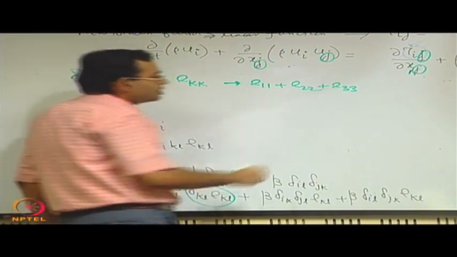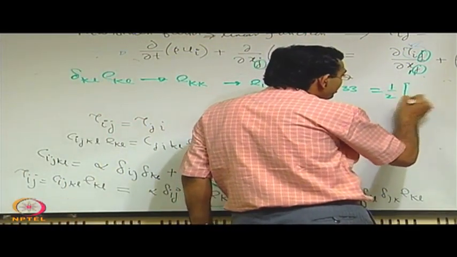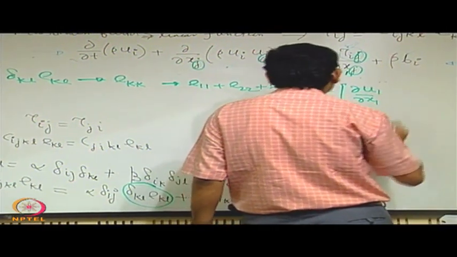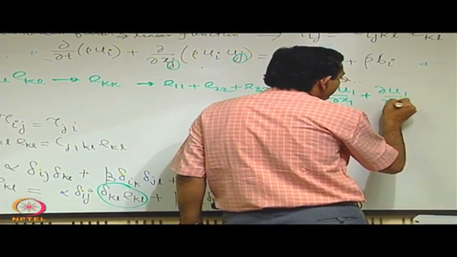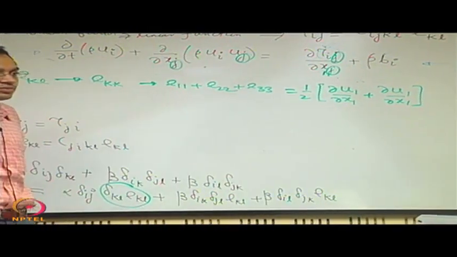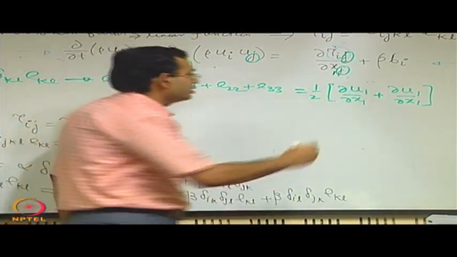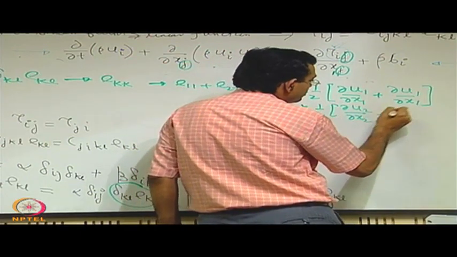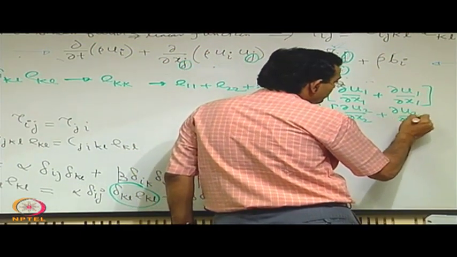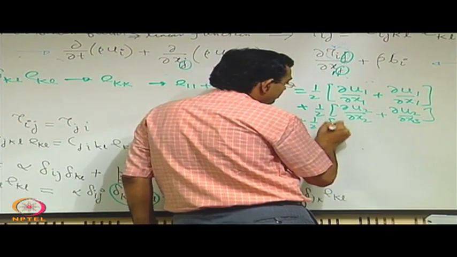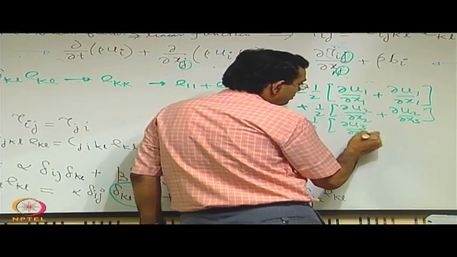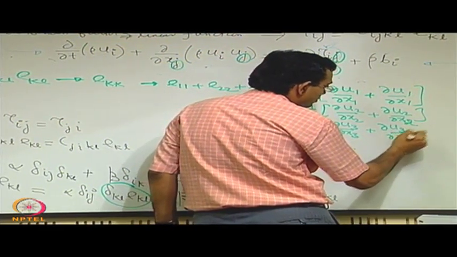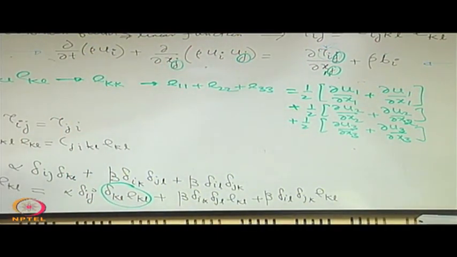So what is E11 plus E22 plus E33? Let us just write it. E11 is, just by using the definition of Eij, then E22 and E33. What is this?